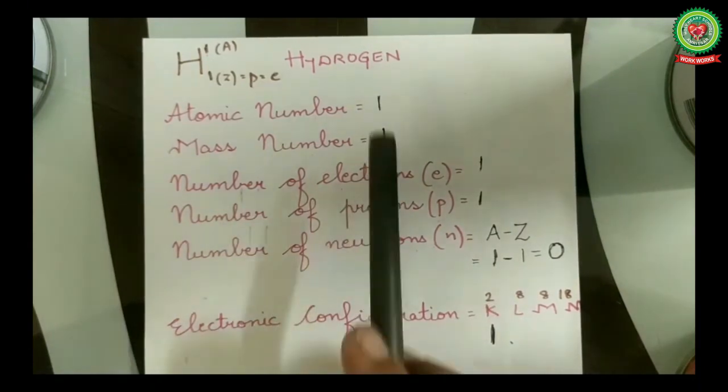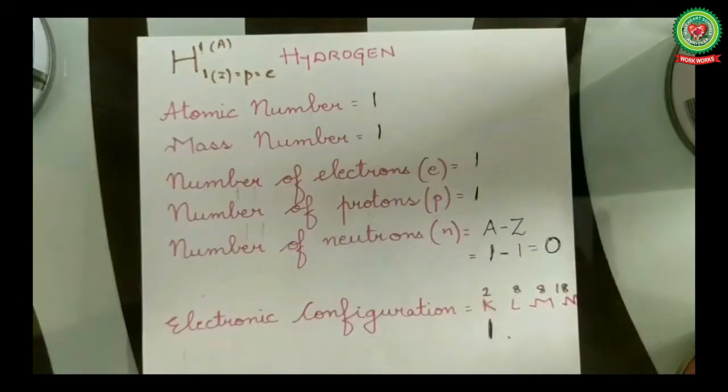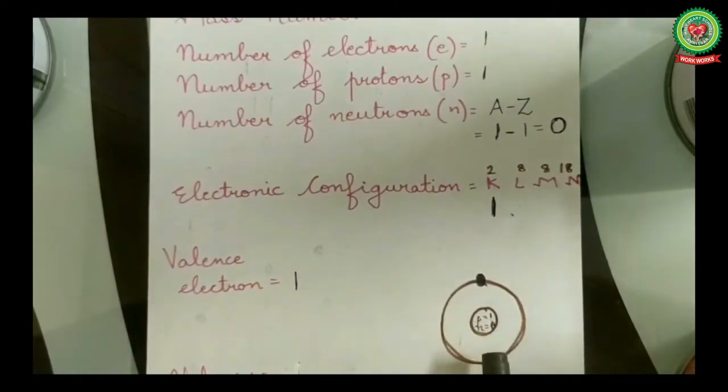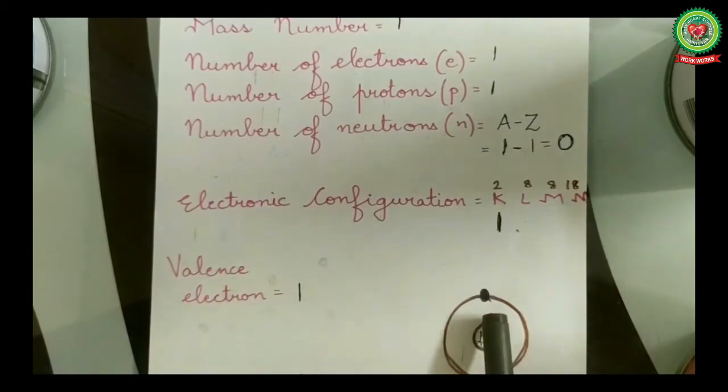Now the number of electrons in hydrogen is 1, which will be put in the K shell. Now see its orbital diagram. In the nucleus, proton number 1, neutron number 0, and 1 electron in K shell. Valence electron for hydrogen will be 1 as it has only one electron in its outermost shell.